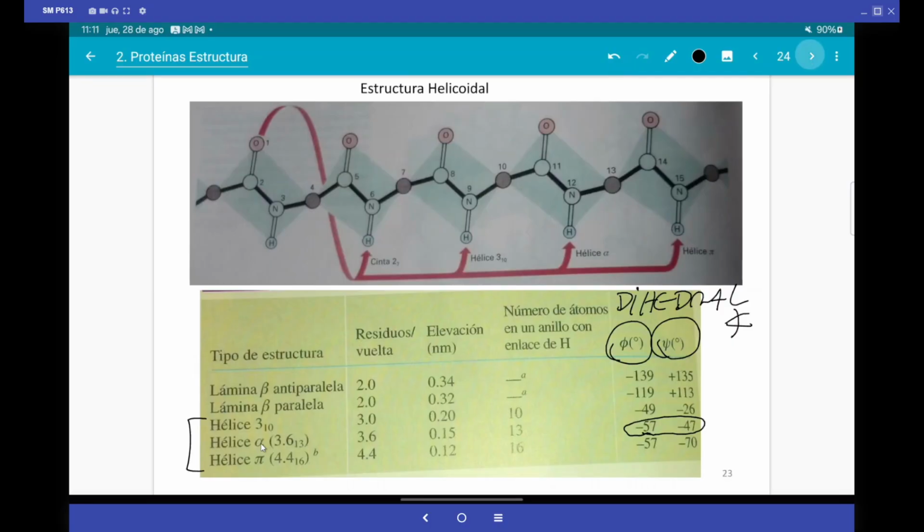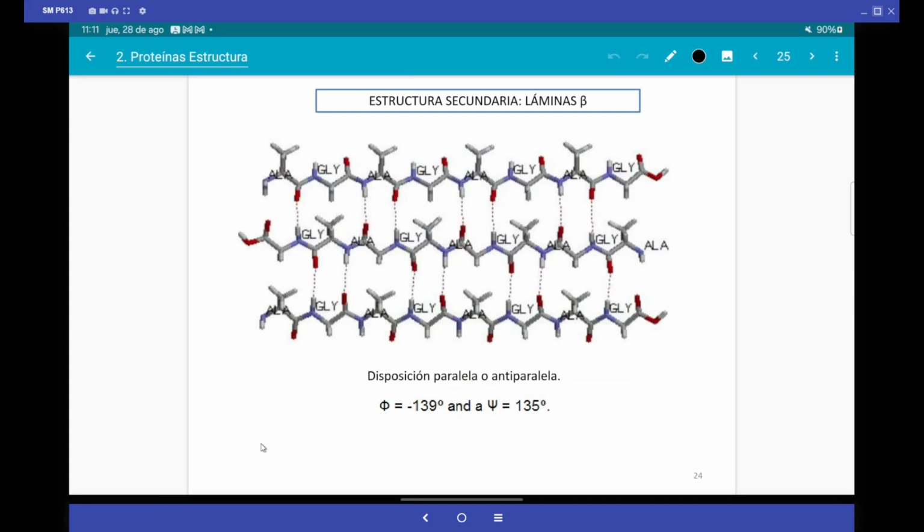Second type of possible secondary structure: beta sheets correspond to a regular folding that, as the name indicates, has the form of a flattened sheet that runs in a parallel or anti-parallel way.